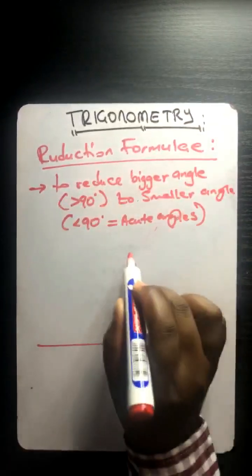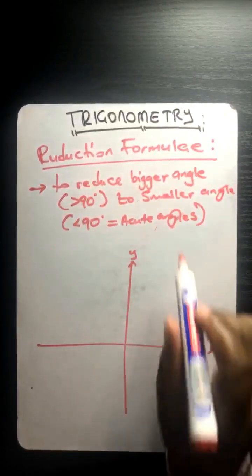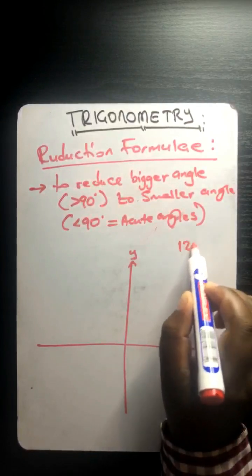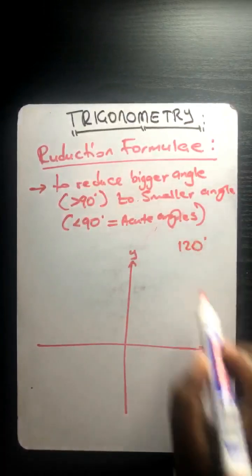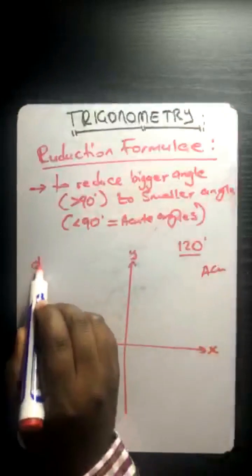Anyone who would like to participate, let me know. Let's say you are having an angle which is 120 degrees. What is the name of that angle? Is it acute? Is it obtuse?